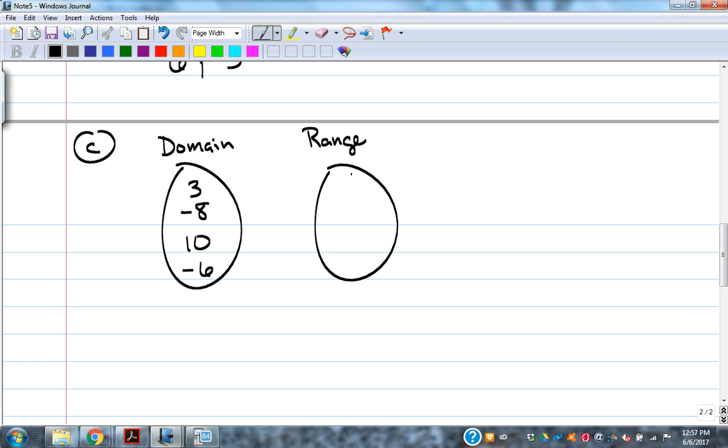The range bubble has the range values that are listed. And then the mapping is arrows drawn to the corresponding parts for those. So maybe they've got an arrow drawn from 3 to 7, and then from -8 to -5, 10 to 2, and 6 to 7.